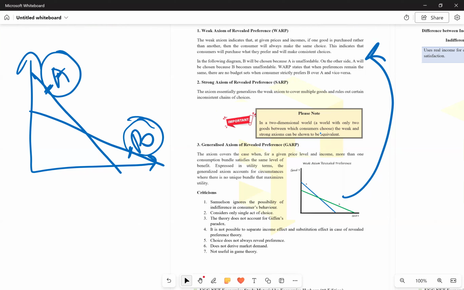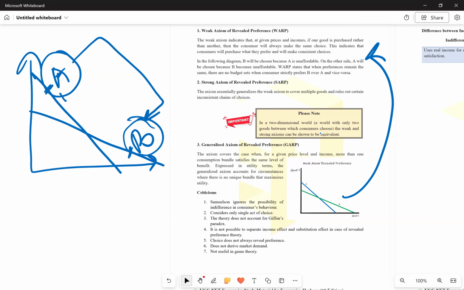And your weak axiom of revealed preference tells you this only: if a choice is made between these two, then whatever choice the consumer is making, he will always go by that. So this is what your weak axiom is, because of this unaffordability issue.